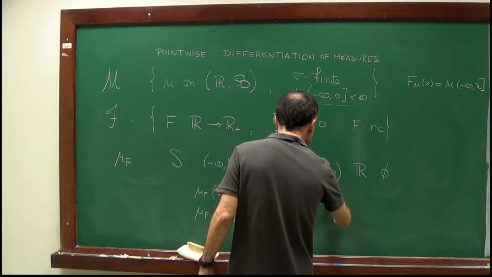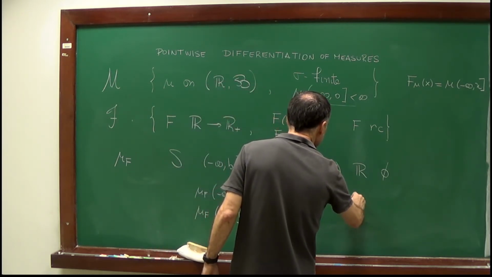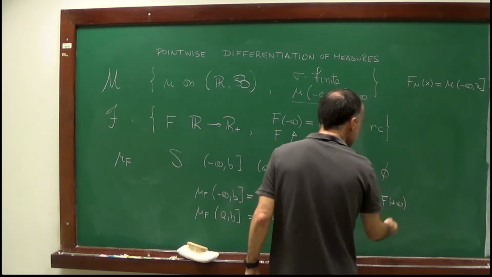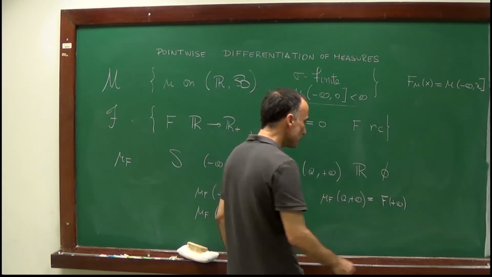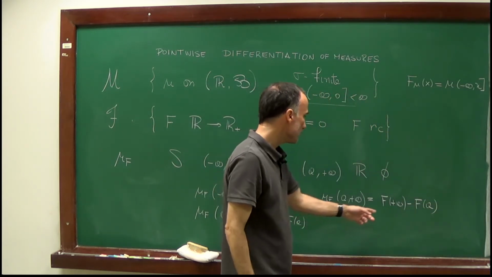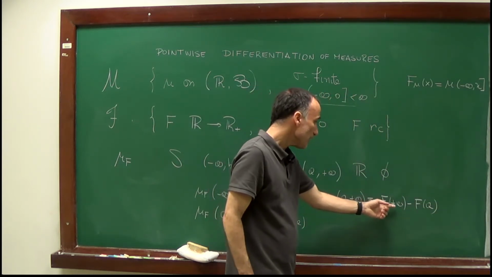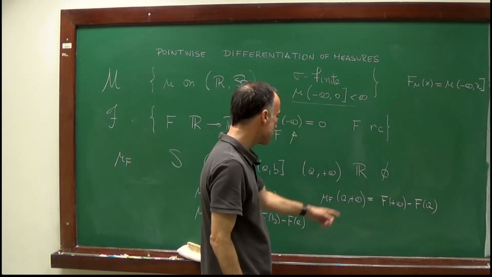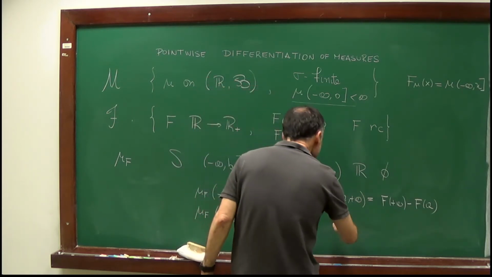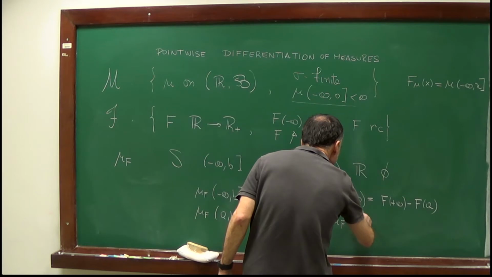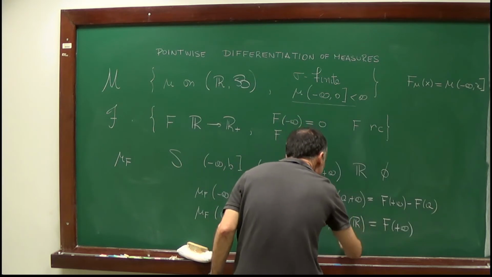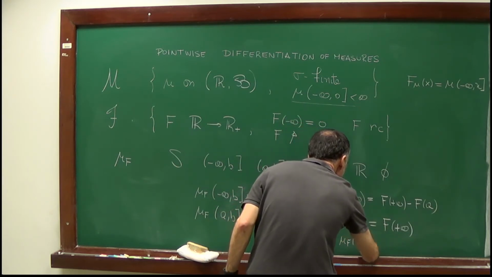Mu f of (a, plus infinity) will be defined by f of plus infinity, which is the limit of f(x) as x increases to plus infinity, minus f of a. And this can be plus infinity if f at plus infinity is equal to plus infinity, which means that the measure of this interval will be equal to plus infinity. Mu f of R will be f of plus infinity, and finally mu f of the empty set will be defined as 0.